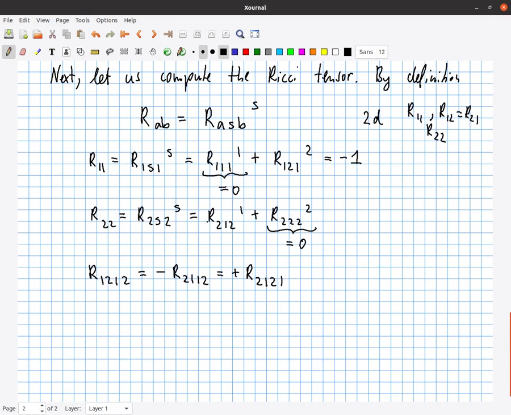We are interested in this object where the last index is up. We can, for instance, say R2121 on the top is G1S R212S, because this is the definition of an upper index. You raise it with the metric.